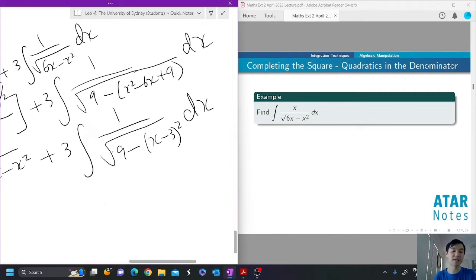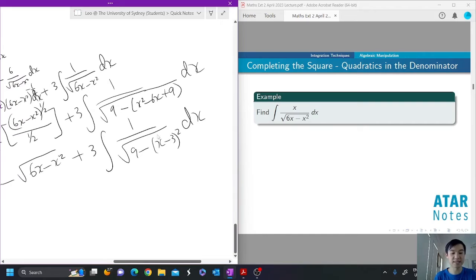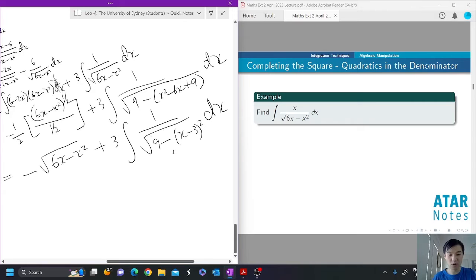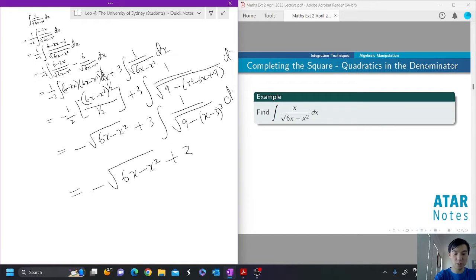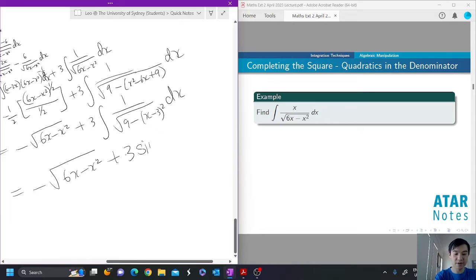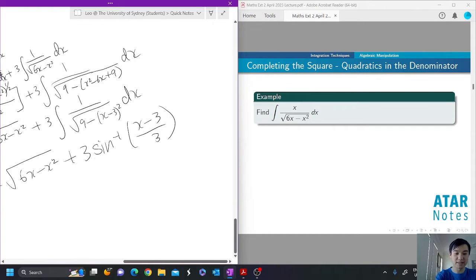And the reason why we completed the square is you can see this is a standard form that we learned in Extension 1, because we know it will lead to inverse sine. So therefore, our final answer is going to be negative root 6x minus x squared plus 3 times inverse sine of (x minus 3) over 3, plus c.